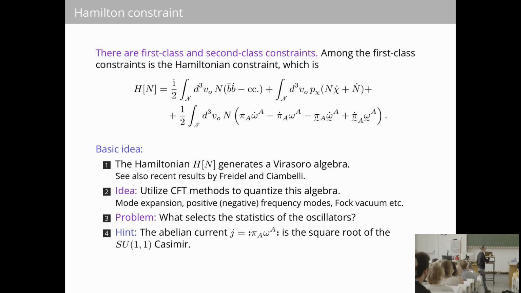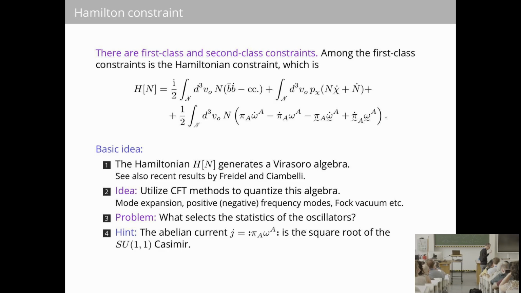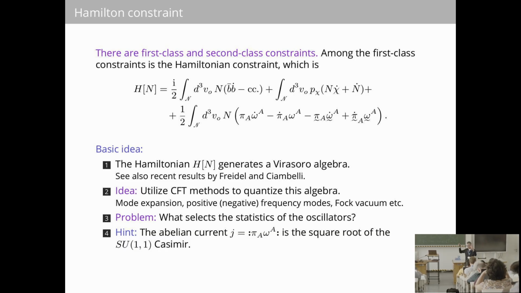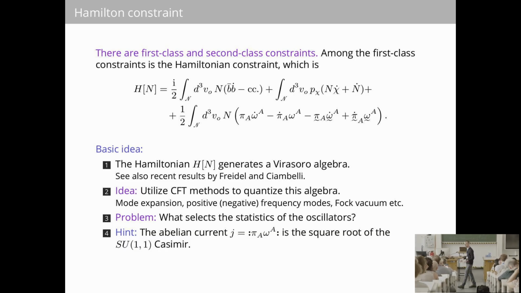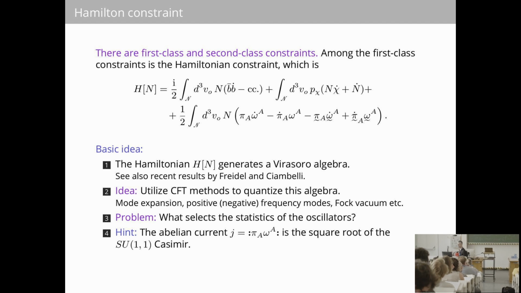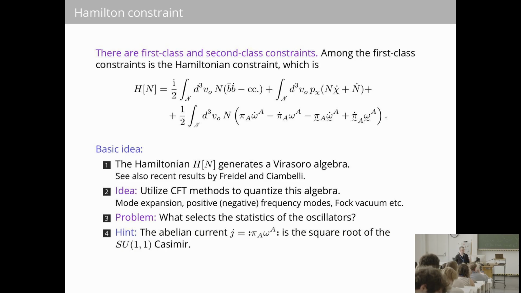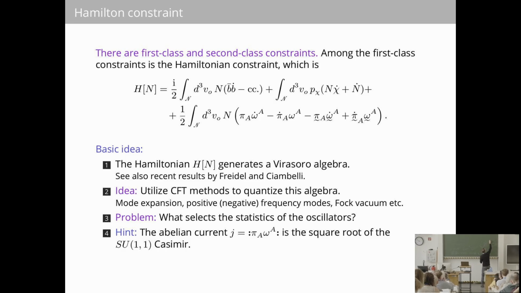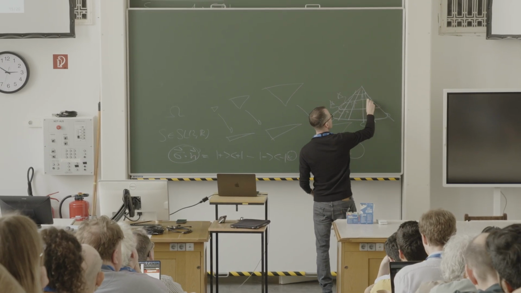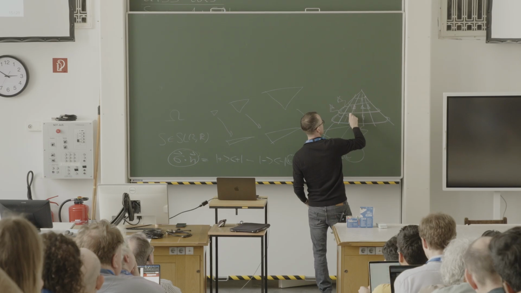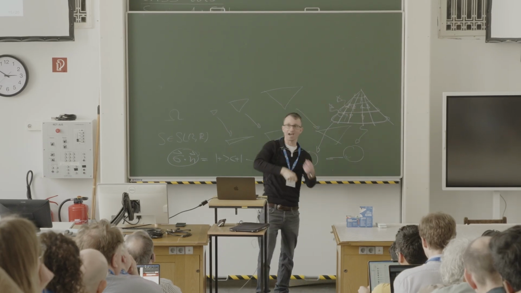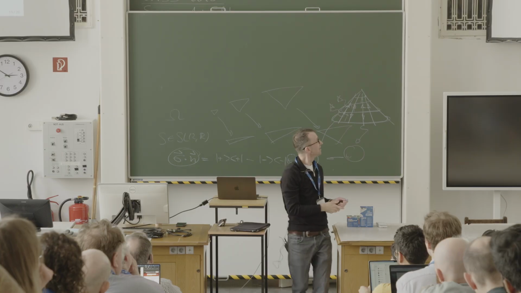Okay? So this is now important. Just like on a space-like hypersurface, we have a kinematical phase space and constraints. Now also on the null hypersurface, we have a kinematical phase space, but the true physical phase space is only a subset that we find by imposing a constraint. What is this constraint? This constraint generates diffeomorphisms, but only along the null generators. So reparametrizations in time, but in this null time.